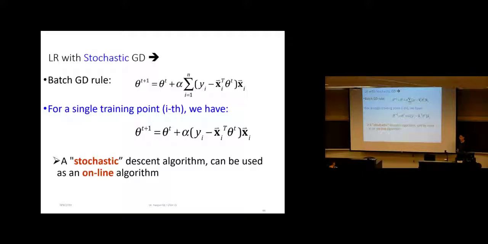Also, remember very critically that the order matters, right? The ordering of whether you use the first sample or second sample or third sample. You don't want to have a fixed order. You want to have enough randomness in stochastic gradient descent, so you need to reshuffle your data.